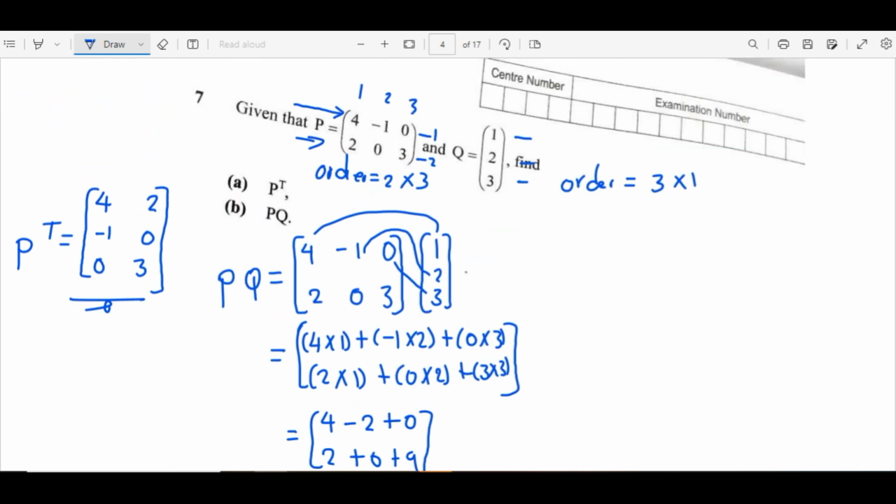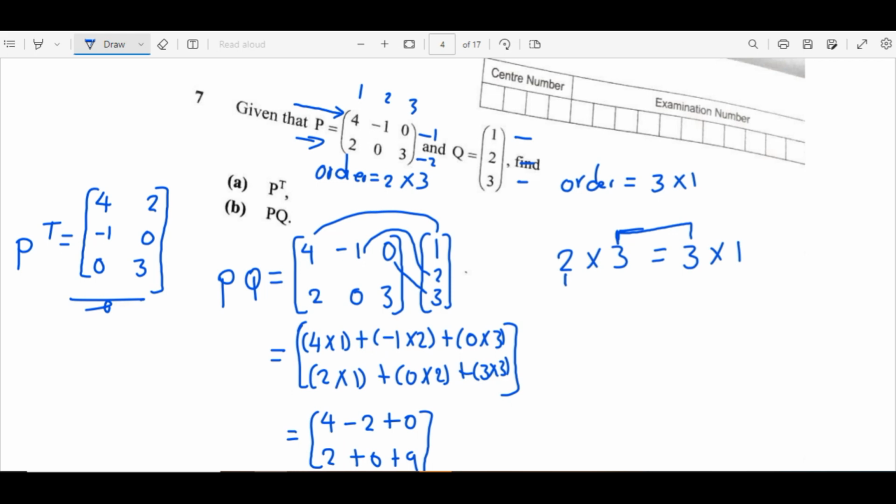Now let's go back to our question here. The order of P is 2 by 3, and the order of Q is 3 by 1. If we want to know whether multiplication can be applied to the given matrices, the number of columns in the first matrix must be equal to the number of rows in the second matrix. Then multiplication can be applied.